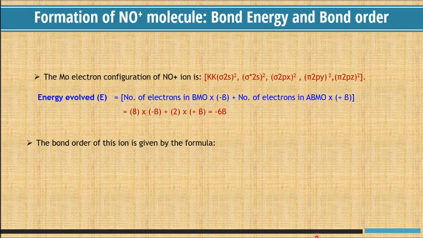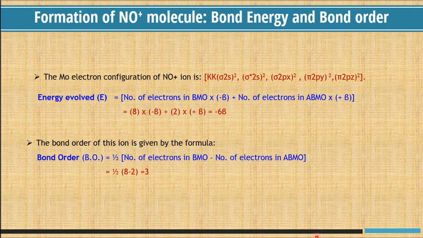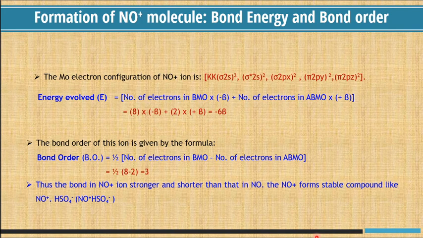The bond order of the ion is given by 1/2 into bracket 8 minus 2, that is equal to 3. Thus, the NO plus ion is stronger and shorter than NO. The NO plus forms stable compounds like NO plus HSO4 minus.